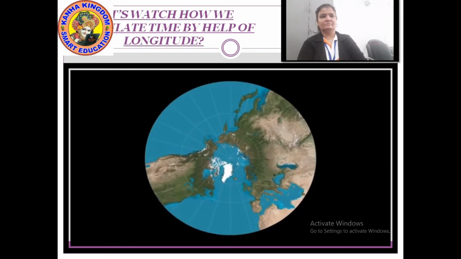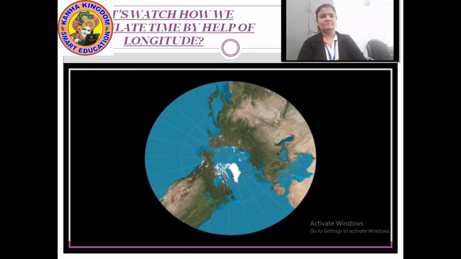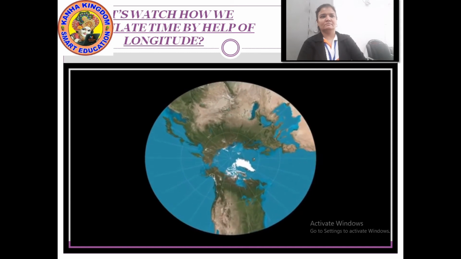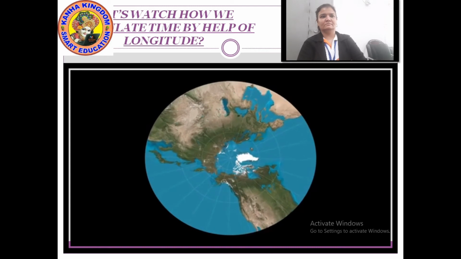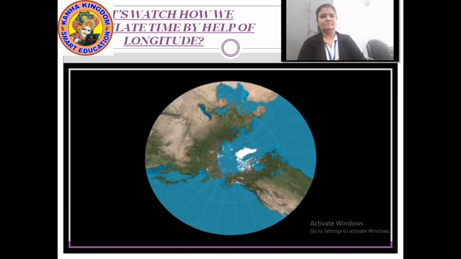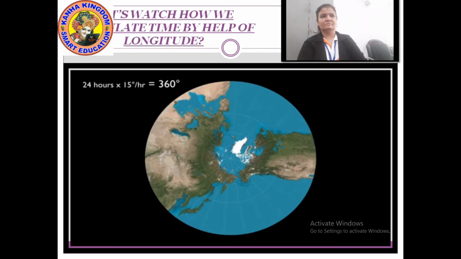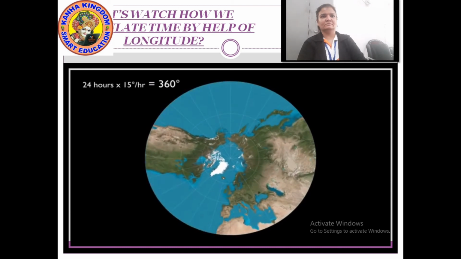We're here to talk about how longitude is really related to time. So because the Earth completes a 360-degree rotation in about 24 hours, that works out to about a 15-degree movement per hour. So after 24 hours, it has completed a 360-degree rotation.